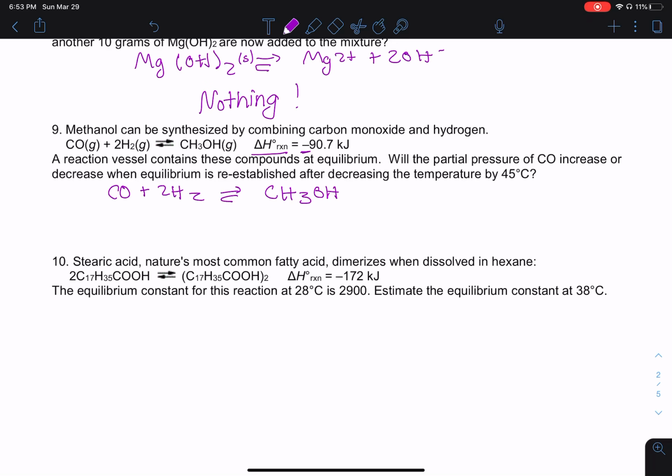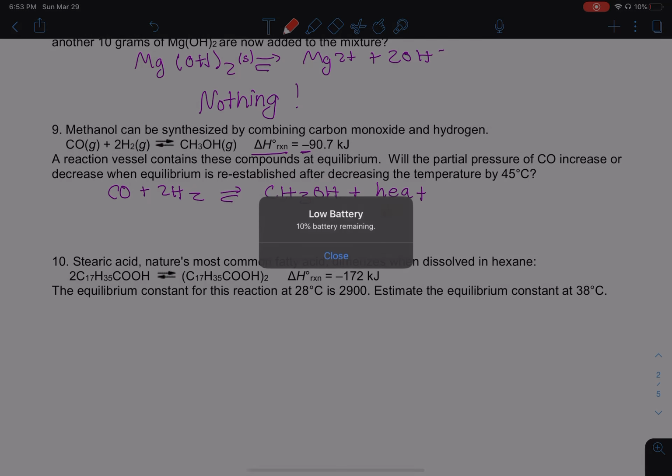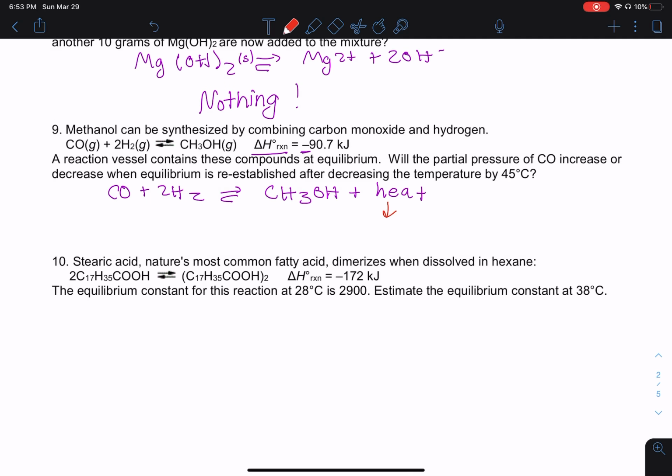So will the partial pressure of carbon monoxide increase or decrease when equilibrium is established after decreasing the temperature? So in this case, we're removing heat, correct? So another way to write this would be plus heat. So if we remove some heat from here, that means that the reaction will want to move forward to make up for that loss of heat and to reestablish equilibrium.